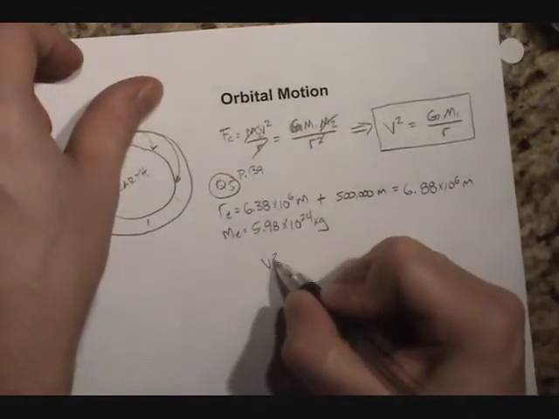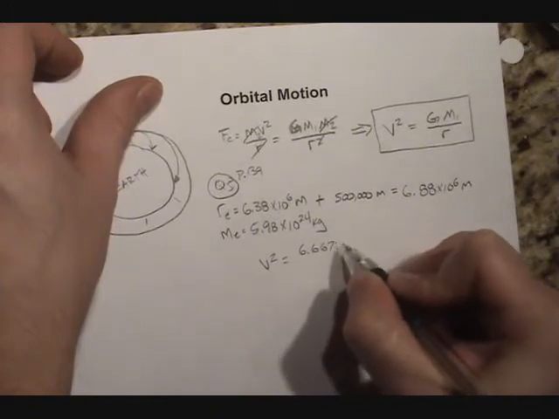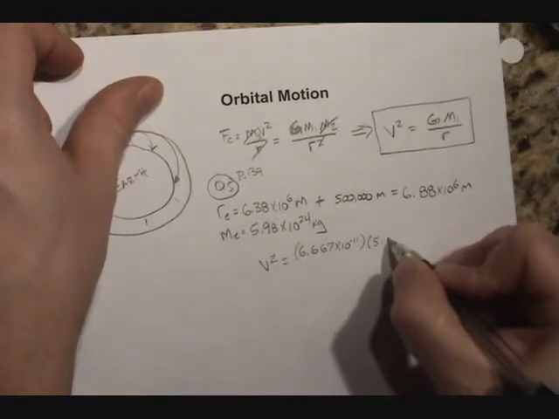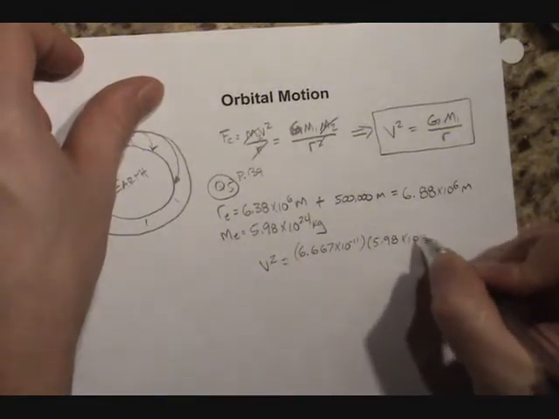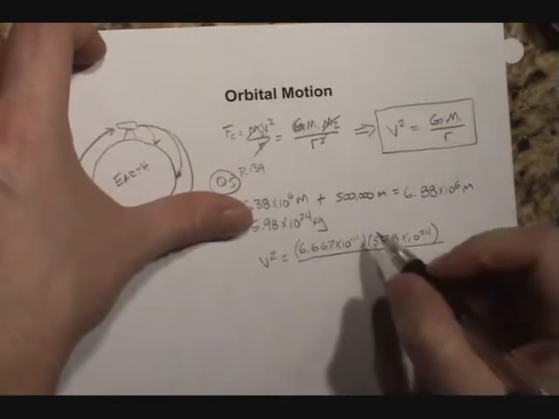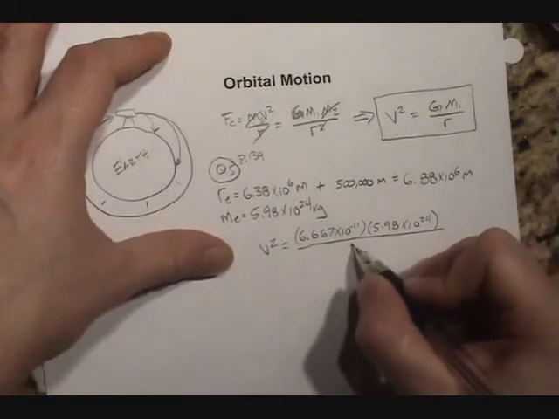So we would calculate v squared to be 6.667 times 10 to the minus 11 times 5.98 times 10 to the 24. And now you have to be really careful because now we're not squaring the number on the bottom. Now the number on the bottom simply stays the way that it is.